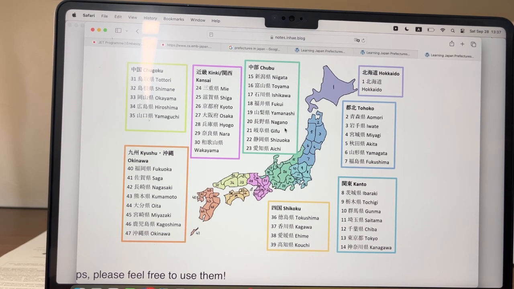Nagano is nice, but it's also like a rural area. We have Gifu. Gifu is nice. I love Gifu. We have Shizuoka. I've never been there. And we have Nagoya. Nagoya is amazing. So if you are looking to stay closer to both Osaka and Tokyo, and you want a place that has a very low cost of living, I recommend that you choose Chubu.